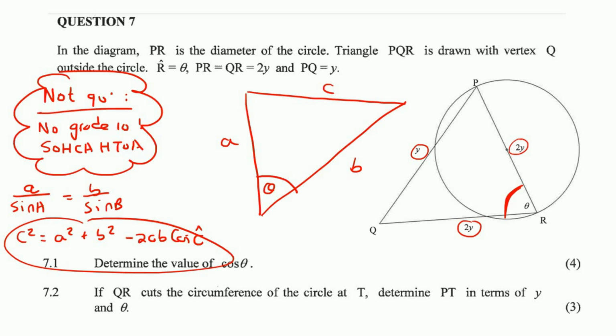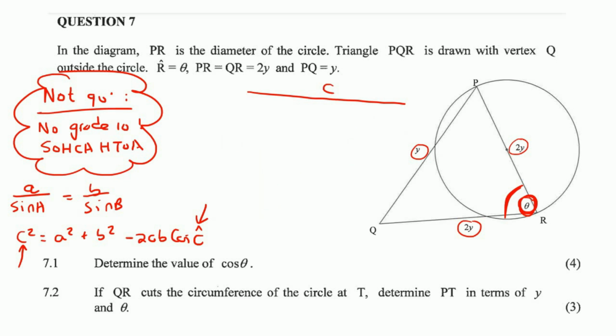In the formula, this is the angle, and this side must be opposite the angle. So here's our angle theta, and this side is the opposite one. When we fill that into the formula, you start off with the side opposite the angle, which is y, to the power of 2, equals.